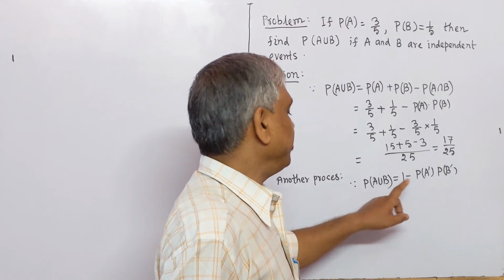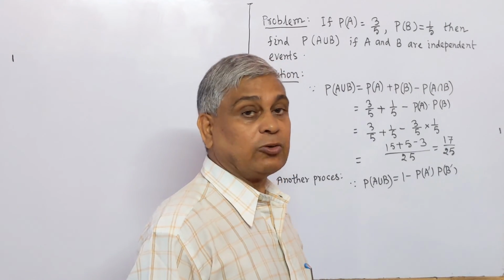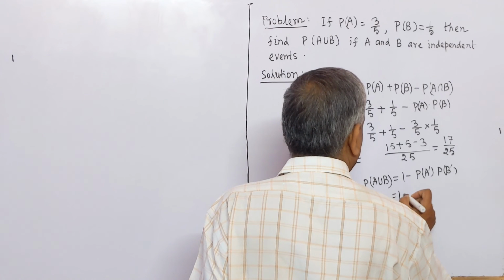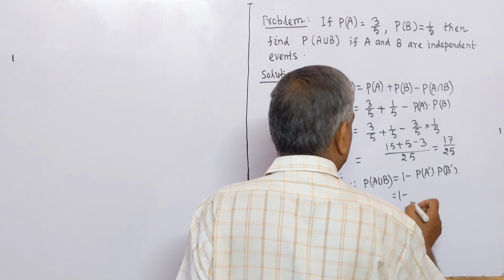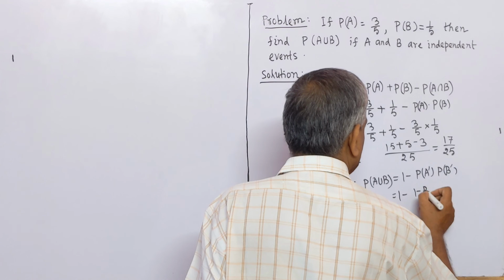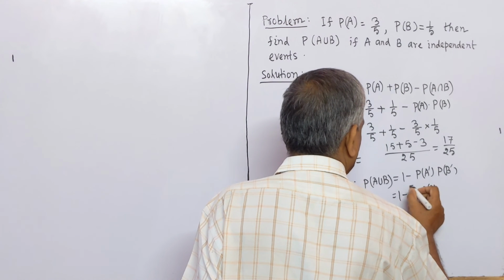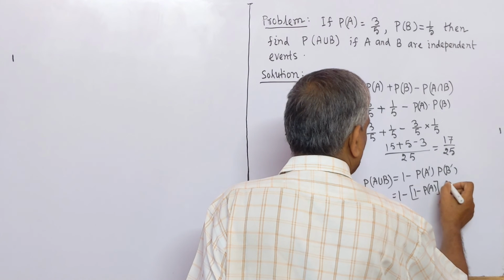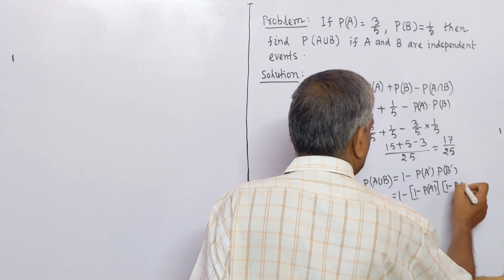This is the complementation rule, and this equal to 1 minus P complement of A, meaning 1 minus PA, times P complement of B, meaning 1 minus PB.